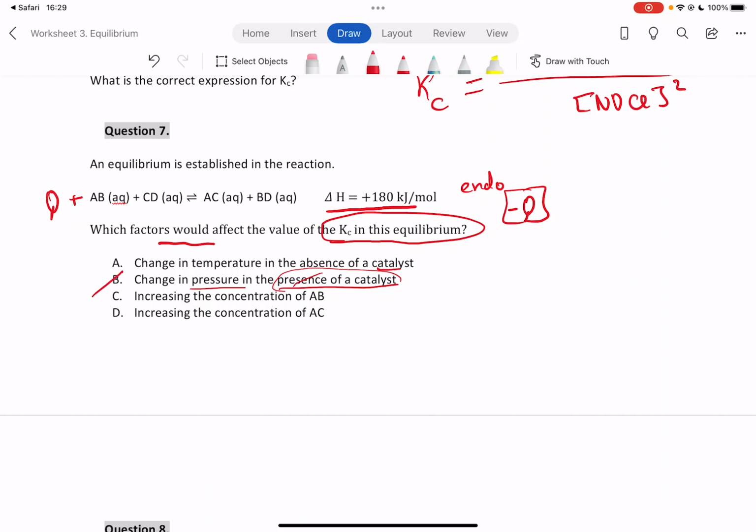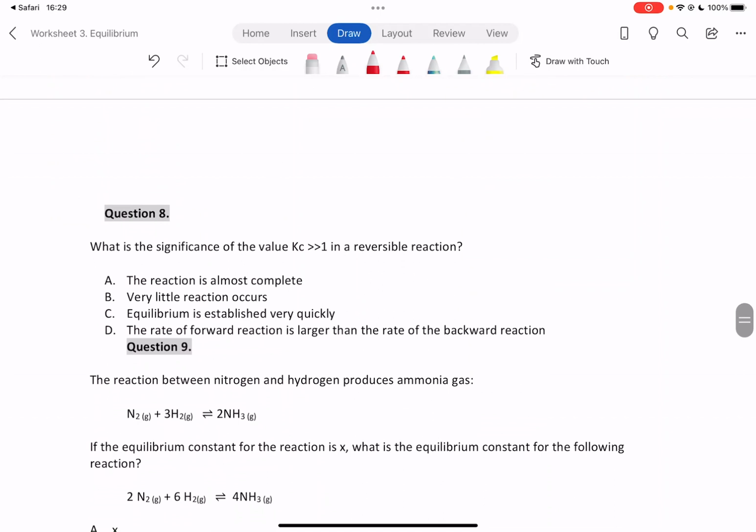Also concentration too. Imagine we are increasing the concentration of AB. In order to create equilibrium, after some time, this one will decrease, this one will increase. So equilibrium will be there again. So the concentration will not change anything. Question 8.